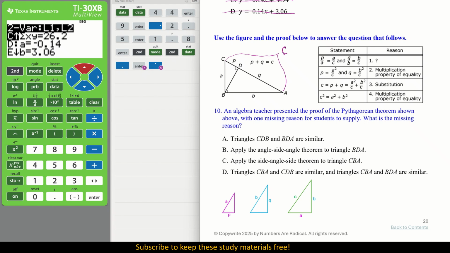Now look at what I have down here at the bottom. The pink triangle is the smallest one, and that has A as the hypotenuse and P as the base.